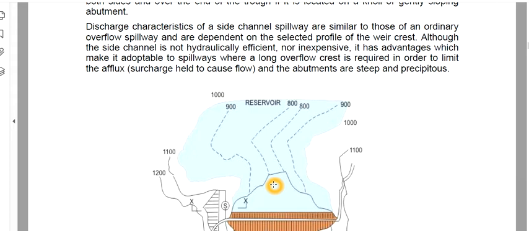Although the side channel spillway is not hydraulically efficient or inexpensive, it has advantages which make it adaptable to spillways where a long overflow crest is required in order to limit the afflux. Afflux is the surcharge head required to cause flow, and where the abutments are steep and precipitous.